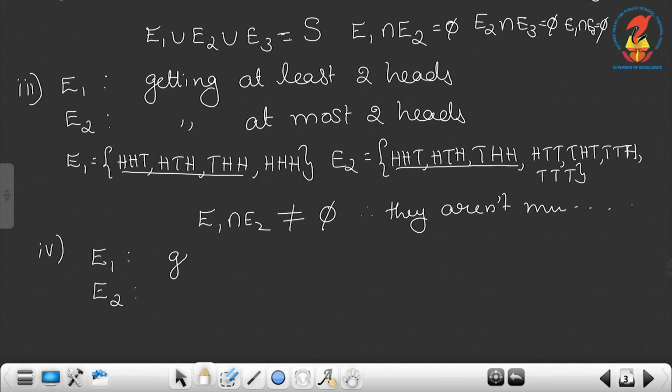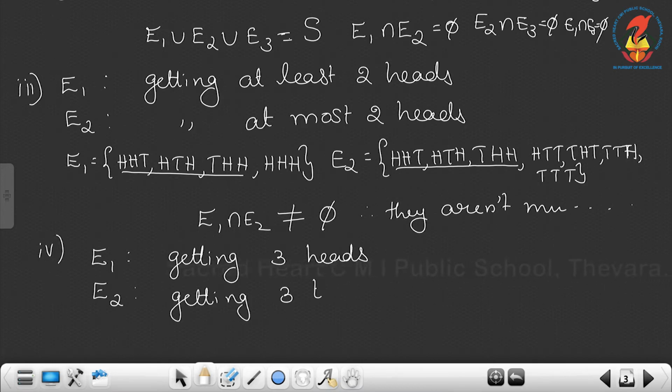So we can write getting 3 heads and getting 3 tails. So what is E1?